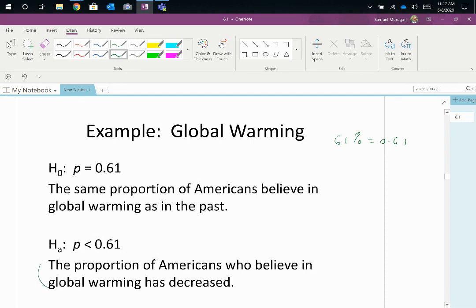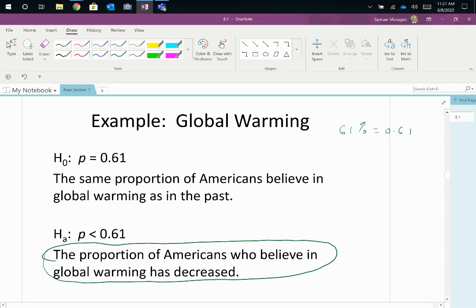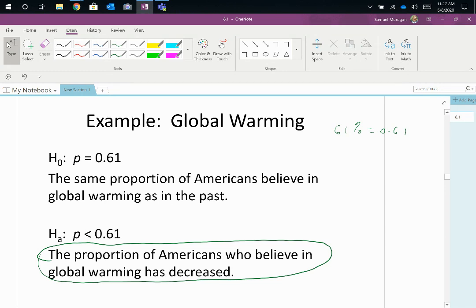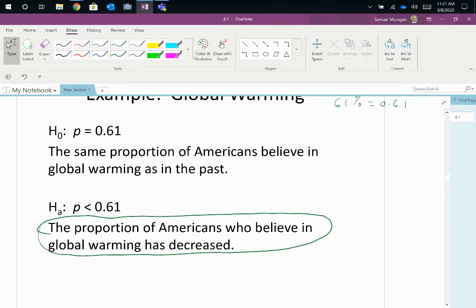This is the proportion of Americans who believe in global warming has decreased. Unless we can find evidence to reject the null hypothesis, then we have to believe what the null hypothesis is saying. Okay, this is just an alternative hypothesis.